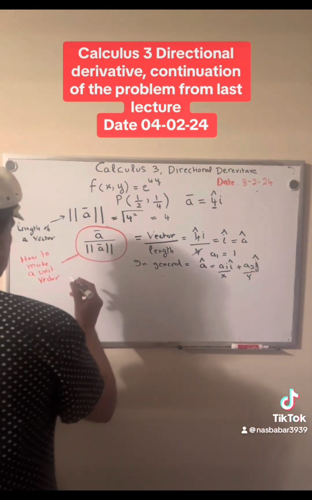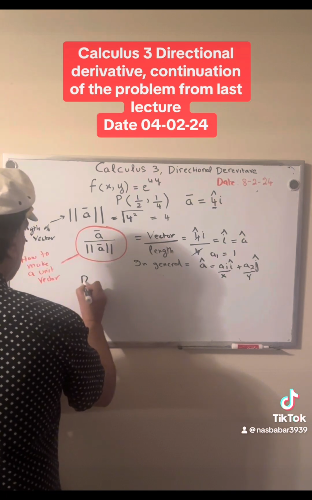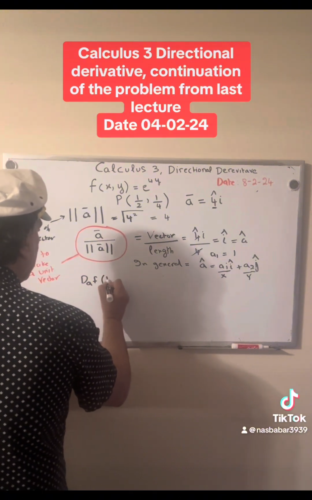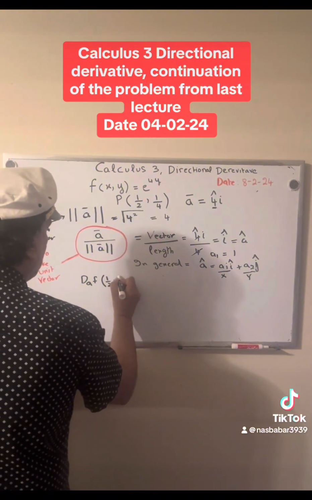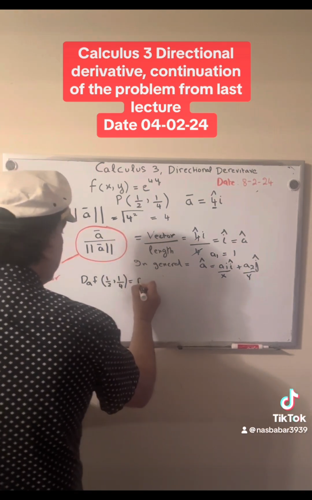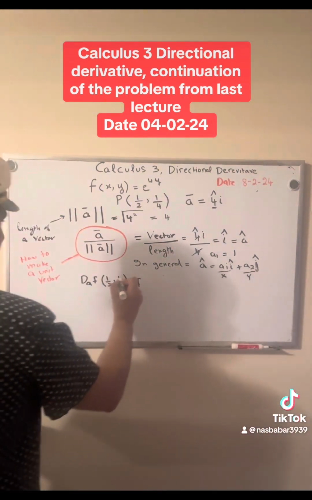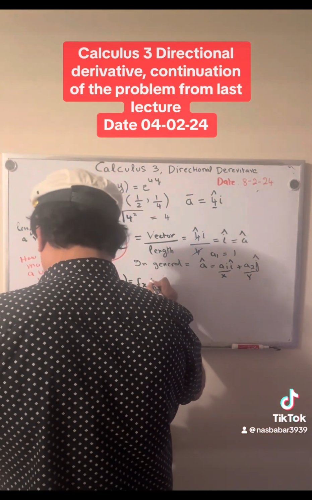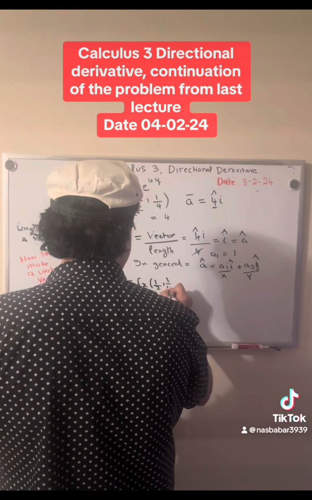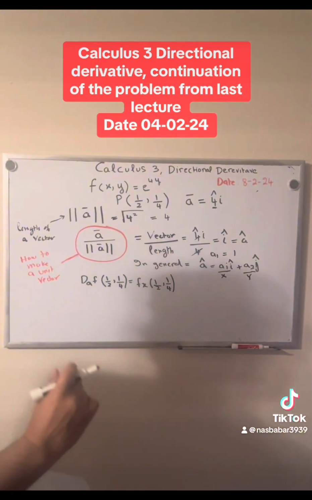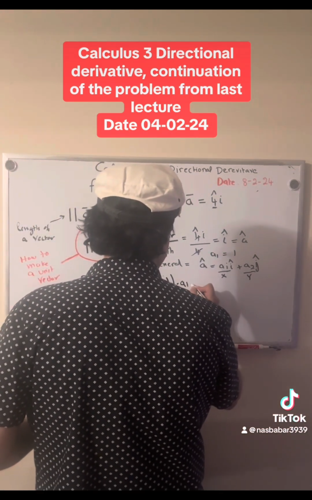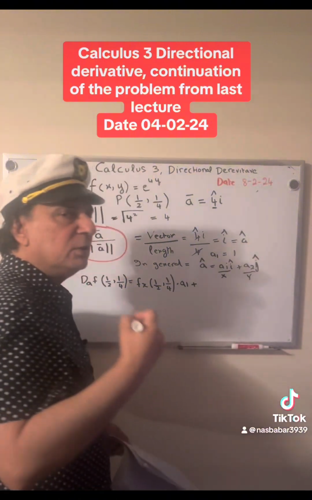So now what we do is that we say directional derivative at point A, f at point (1/2, 1/4), is equal to, we take the derivative with respect to x only, at point (1/2, 1/4), we multiply with the weight on the x side, a1, plus we take the derivative with respect to y.